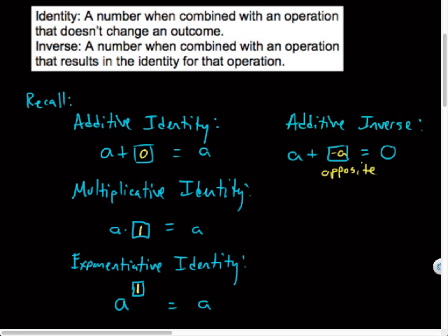Opposite. So the multiplicative inverse. That would be A times what would equal the multiplicative identity, which is 1 in this case.